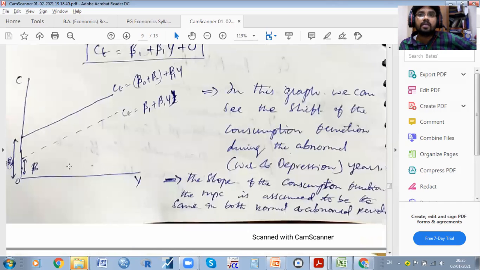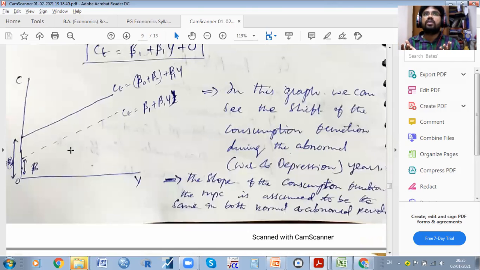For example, here see, before war and after war, it seems that there is no shift. But if you take into account during the war, what will happen? There is no income, but you have to do some consumption. Here the change in consumption is higher than the change in income during the war periods, because no one can produce.